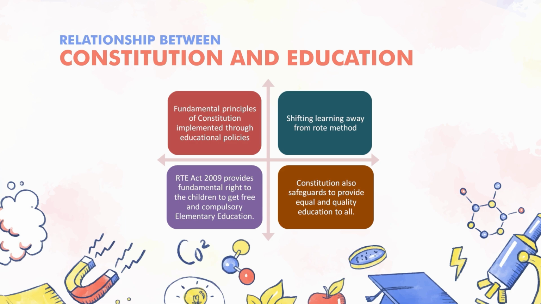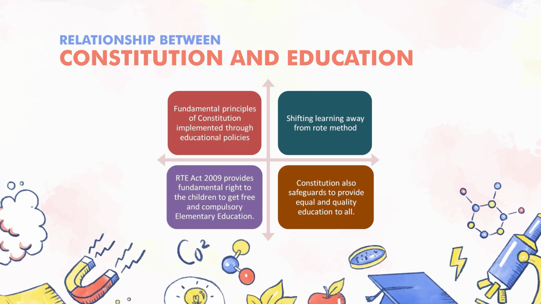I have already specified this so far as our constitution is concerned. Now elementary education is a fundamental right, and this is possible through education. So the fundamental principles are getting implemented through the education schemes, through the act of the constitution, and then through different schemes and projects.